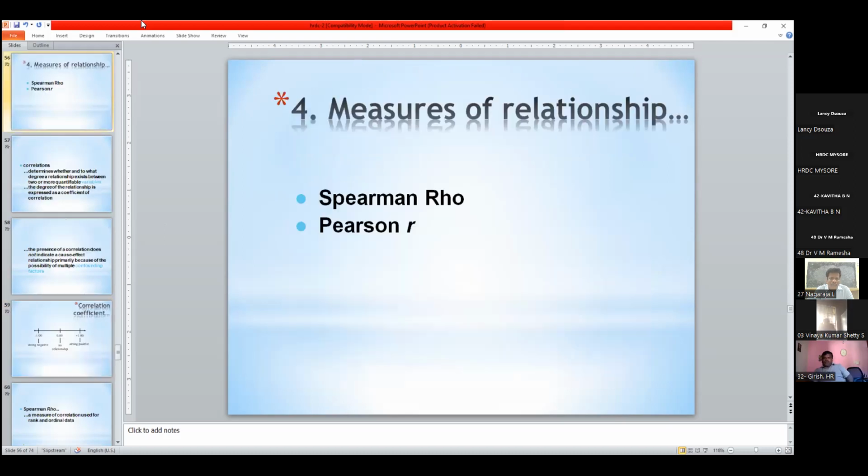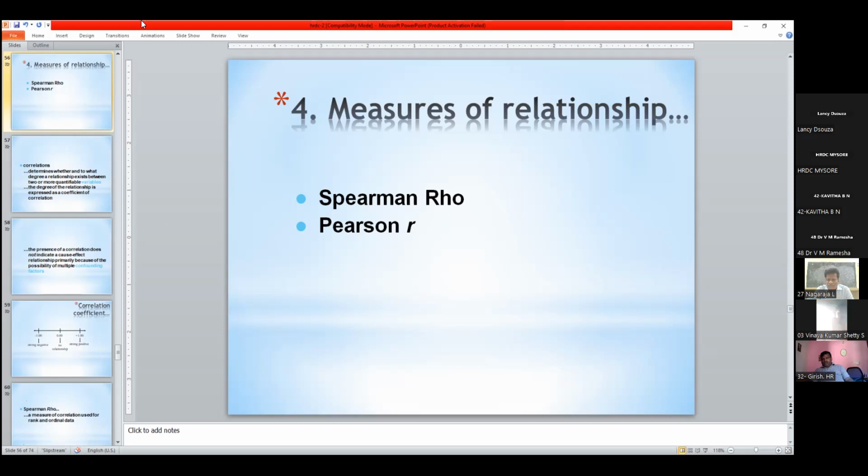Then comes measures of relationship. Now we're on the fourth level. Remember, we started with the graphics, we went to measures of variability, we went to measures of central tendency. Now we are going for measures of relationship. When you talk about the measures of relationship, we go by two levels. One is a non-parametric form and one is a parametric form. In the non-parametric form, we call it Spearman's rho or Spearman's rank difference method.